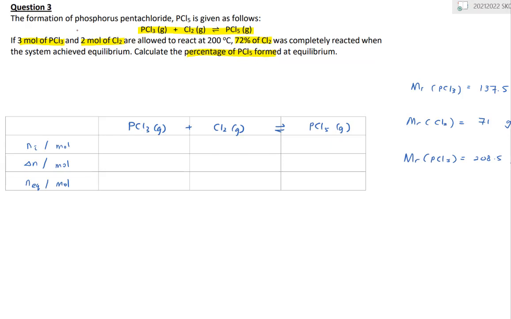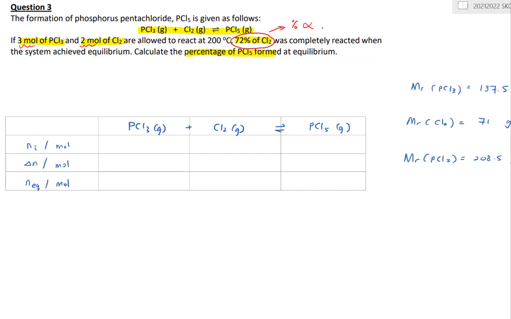So in this question, you are given the starting material, the number of moles, and the 72% of chlorine which was reacted, and this percentage refers to the degree of dissociation. So let's just fill in the ICE table.